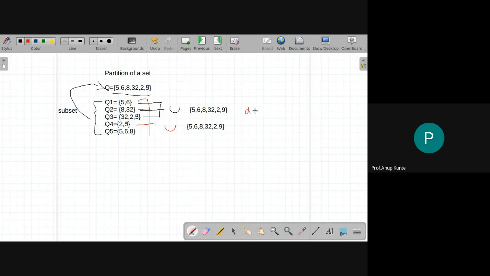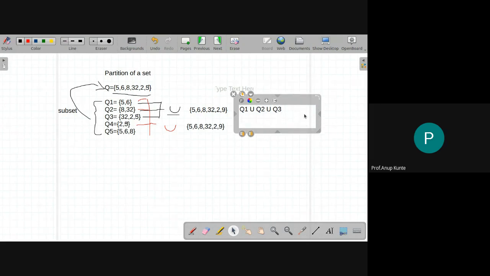So I have Q1 union Q2 union Q3. That is what we are trying to represent here. And the second time, I'm representing Q1 union Q2 union Q4.